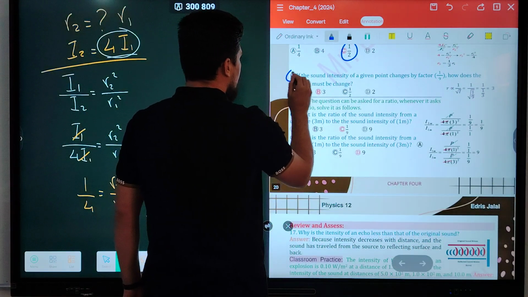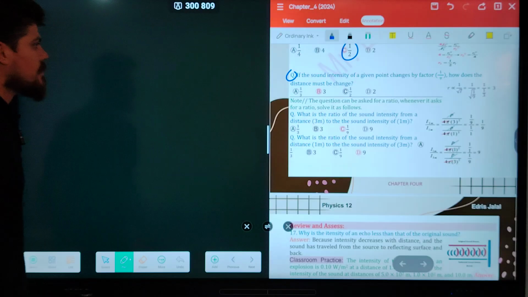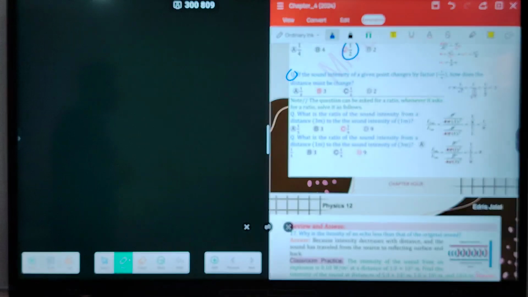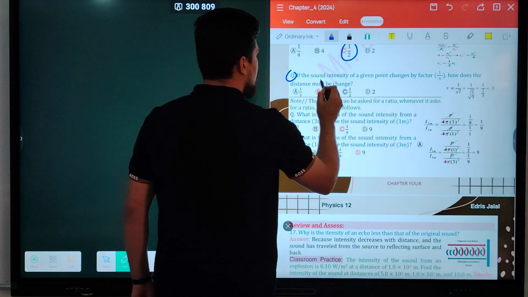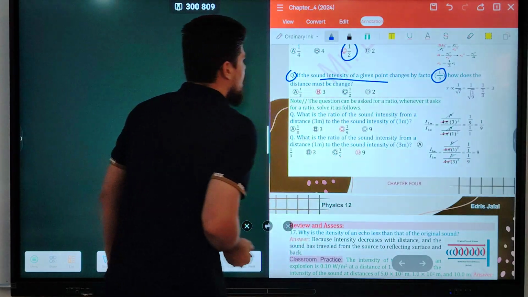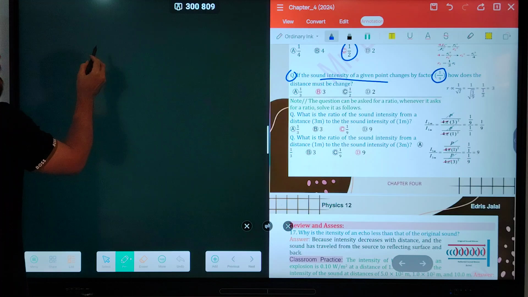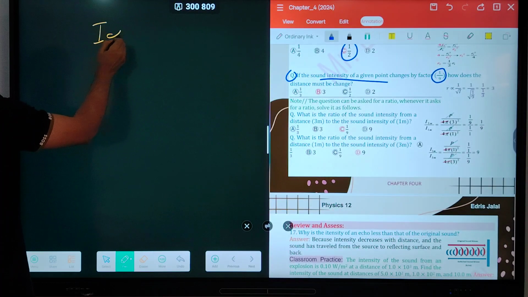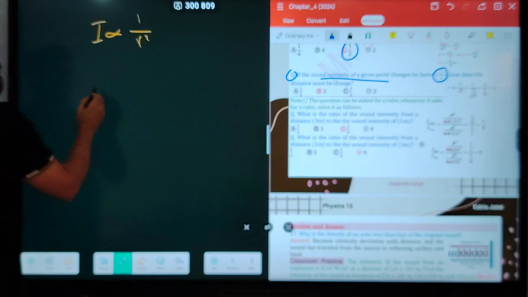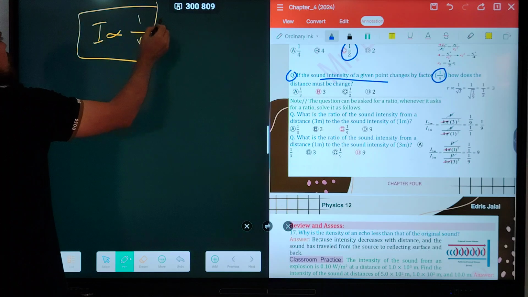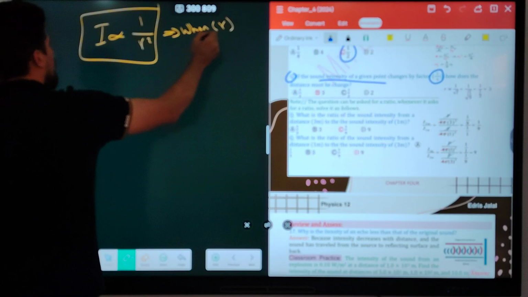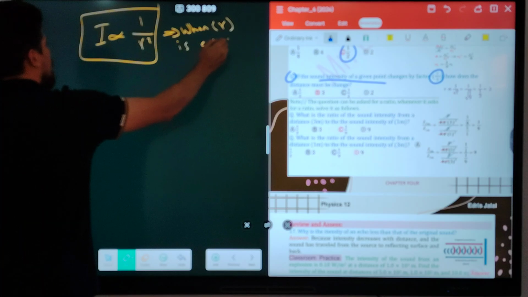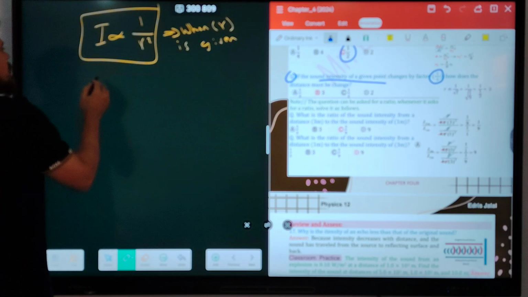Another question, guys. If the sound intensity at a given point changes by factor 1 over 9. What is this? This is the intensity of the sound. I is inversely proportional to R squared, so this relation can be used when R is given to find intensity.